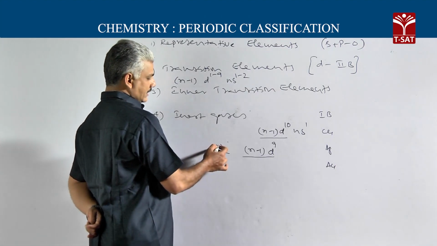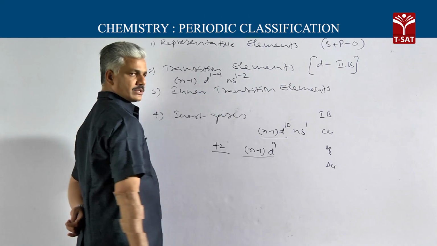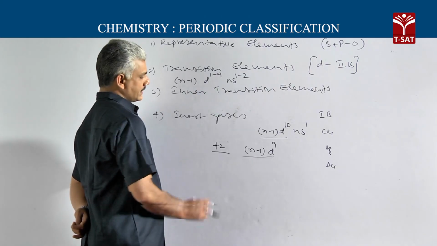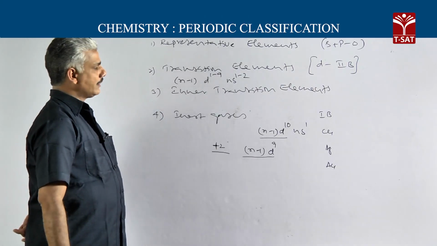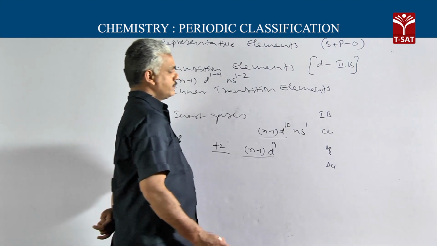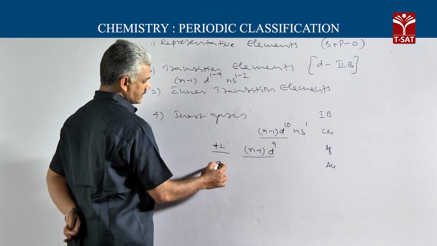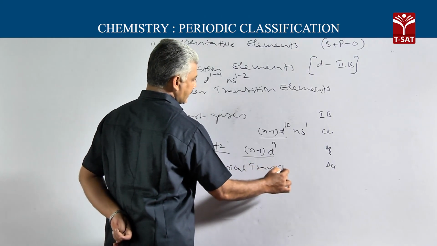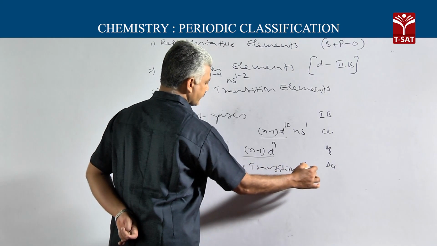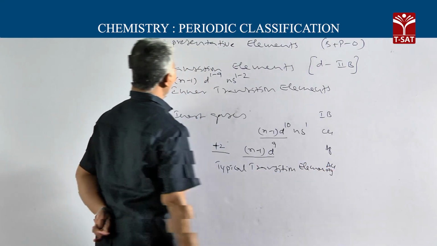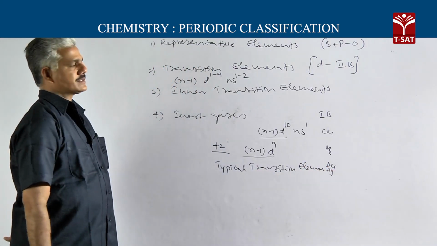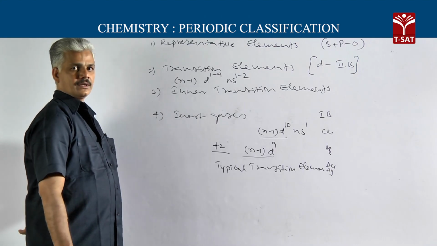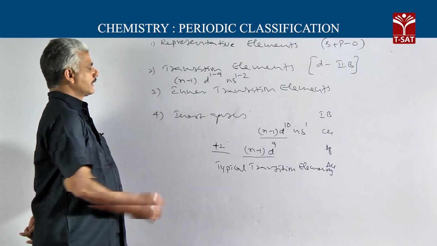As they satisfy the condition of transition elements in one of their common ionic states, the 1B group elements are called typical transition elements. Their general characteristics are similar to those of d block elements.